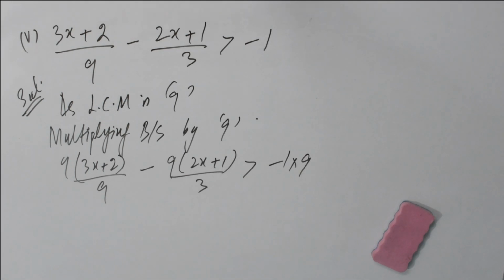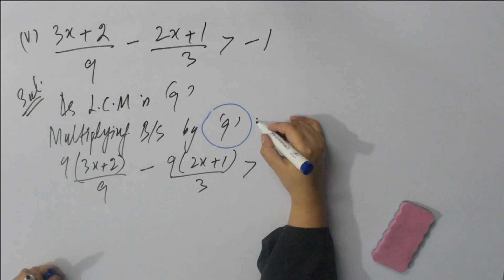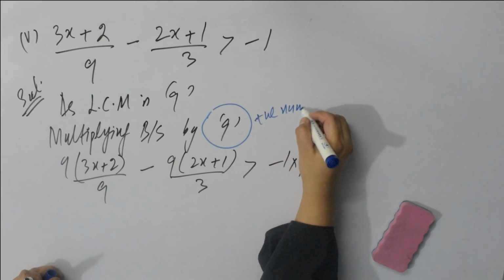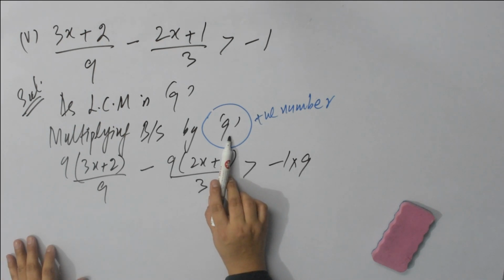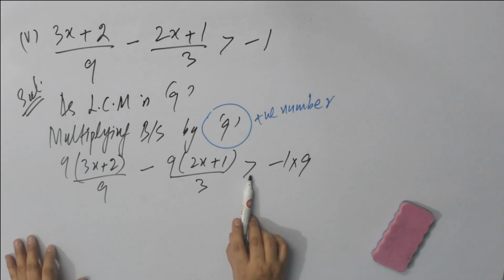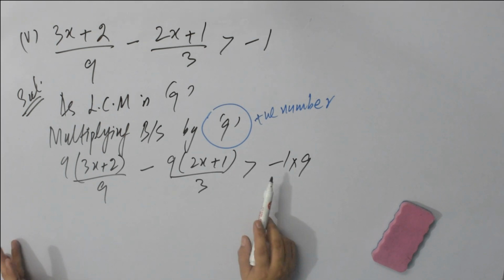Again students, here you have noticed that you multiplied an inequality by a positive number. I am writing here again and again just to tell you that this is a positive number, so the inequality will not change. The sign of inequality will remain as greater than.